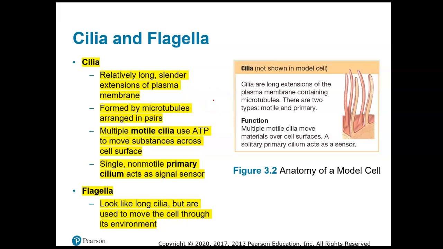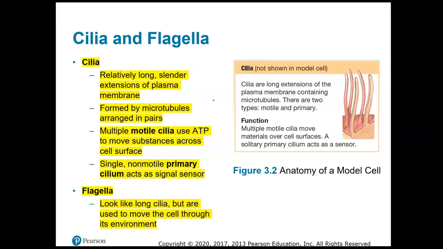And then probably the most common place that we have cilia, little hairs that line the plasma membrane of a cell, is going to be lining our respiratory tract. And that's going to help to sweep mucus and trapped pathogens and debris and just stuff that can make you sick.